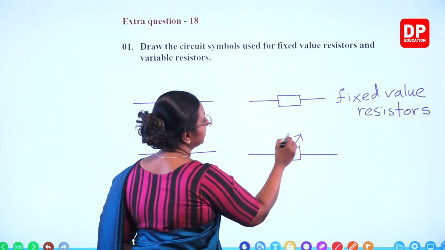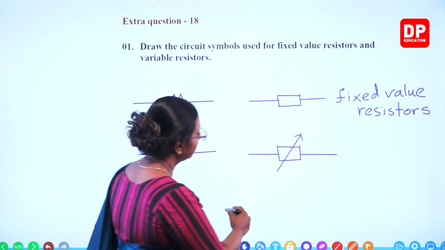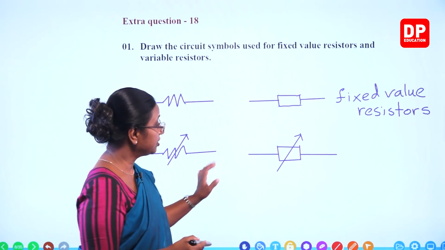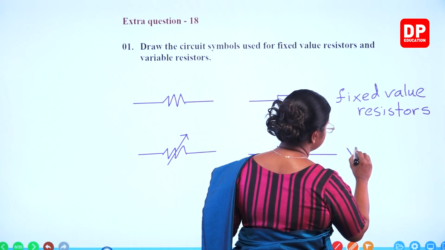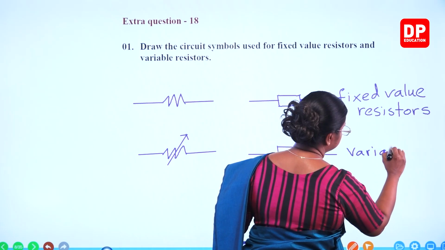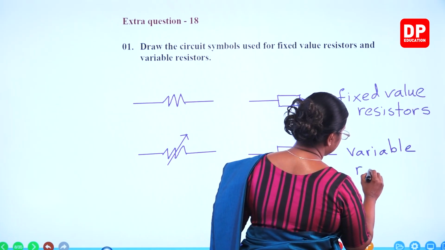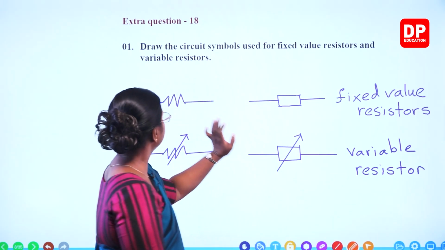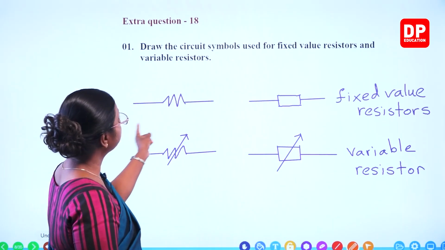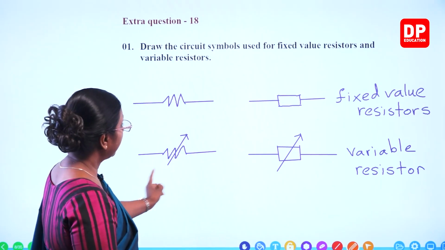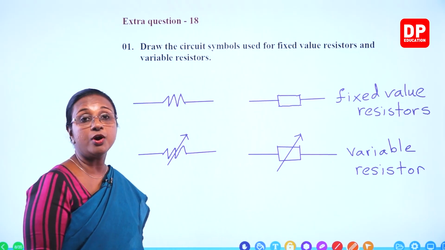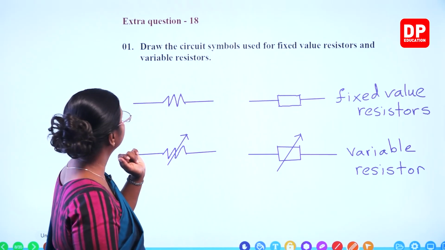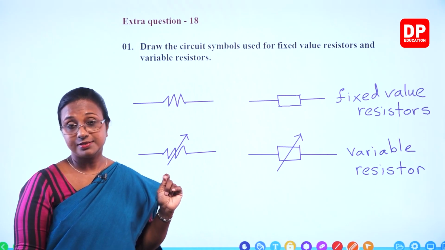When you have the circuit symbol of a fixed value resistor and across that you have an arrow, that shows the variable resistor. So the first two symbols can be used for fixed value resistors and these two symbols are used for variable resistors. So draw the circuit symbols used for fixed value resistors and variable resistors.